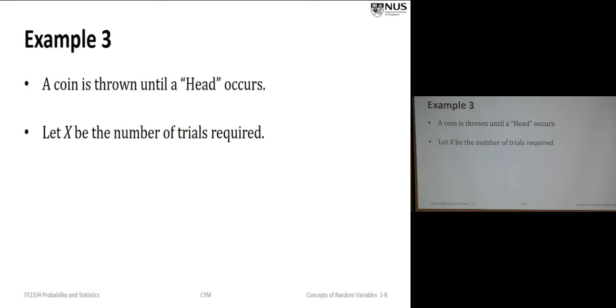I toss it, it's a head, I stop, I got a head already, right? If I toss it and get a tail, I have not got a head, so I have to toss it again. If it's a head, I stop. If not, I continue. Continue. Will you see something like this?